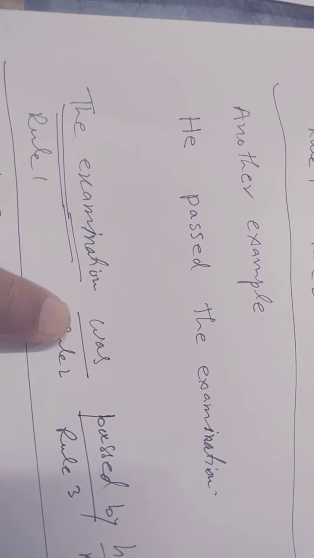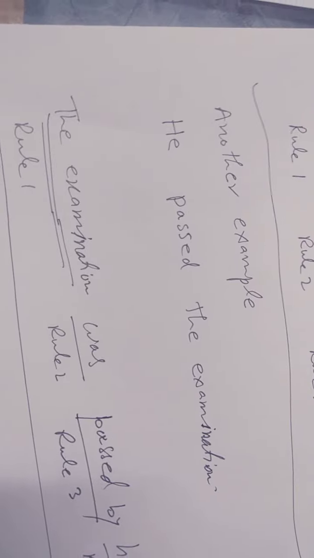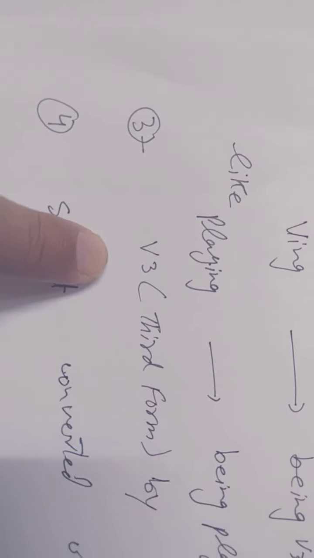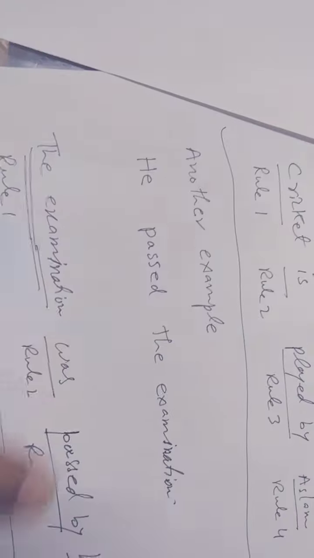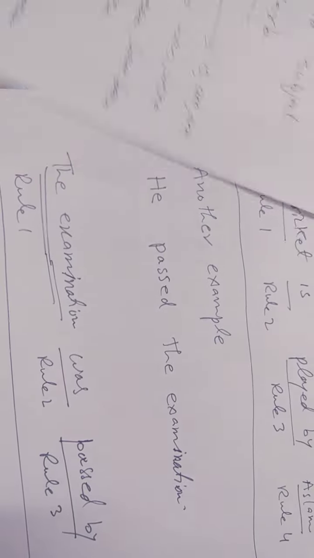So we have written was, the examination was. Rule 3: we have to add the verb's third form and by. So passed by. And rule 4, we have to change the subject into the object. So he is converted to him.